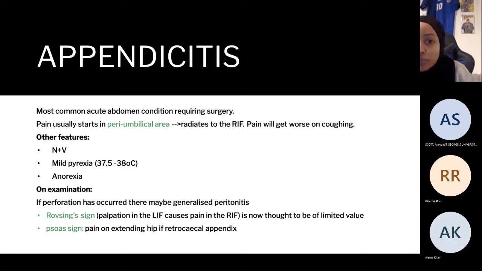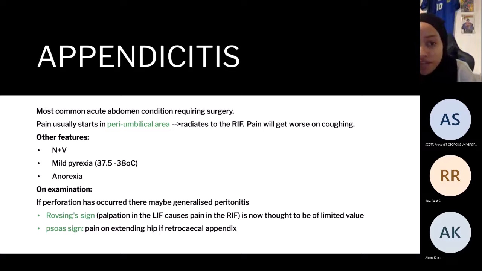So the most common acute abdomen presentation that requires surgery is appendicitis, and usually it starts from the periumbilical area and radiates to the right iliac fossa. Again, this is the most usual way it presents, but this might not be the case for all patients.